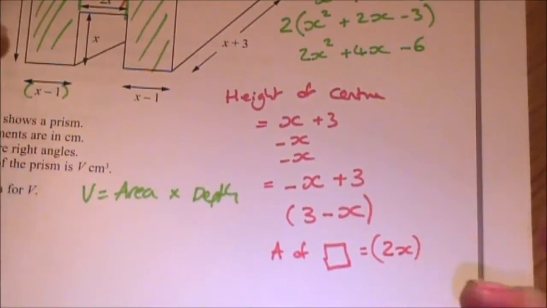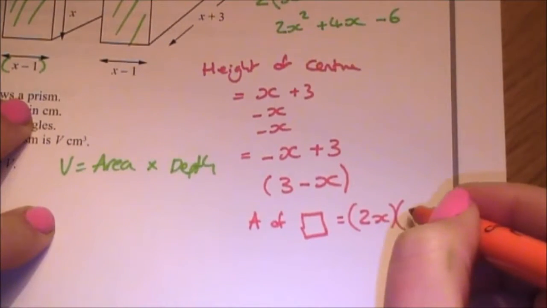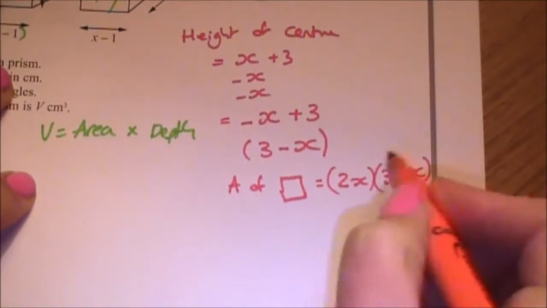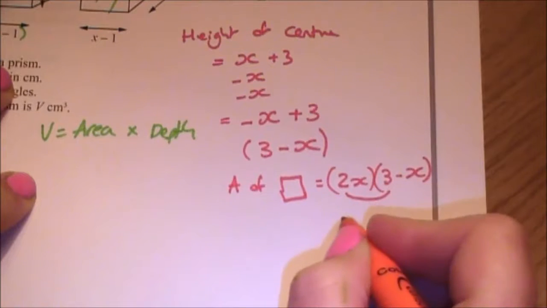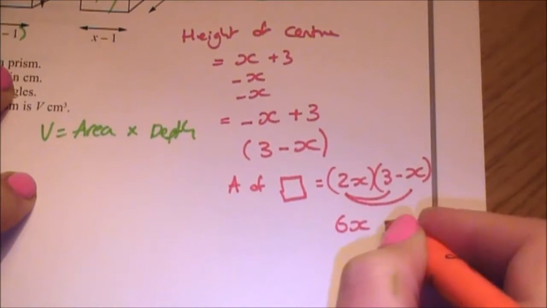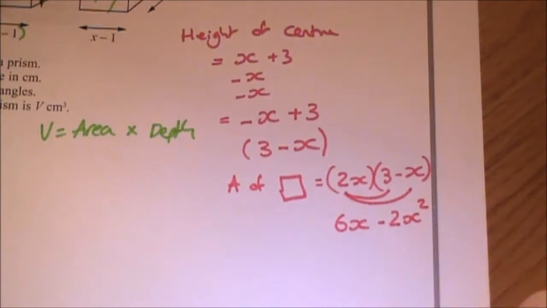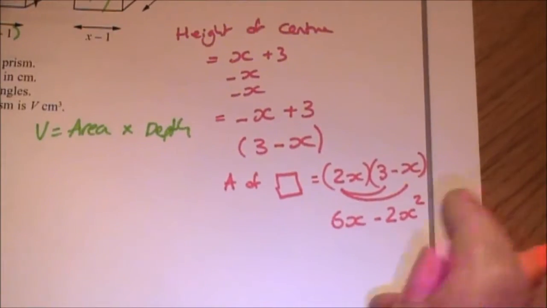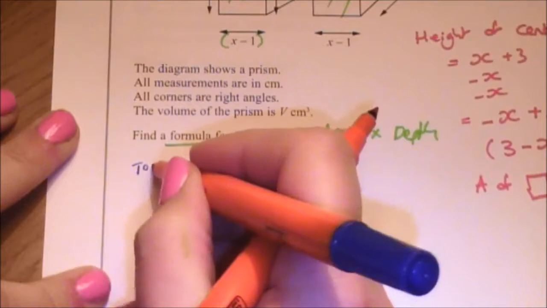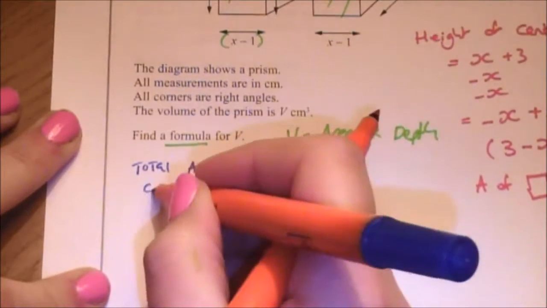If you want to group it up into a bracket, you can, but it doesn't really matter. 2x, and then I've got 3 minus x, so 2x times by 3 is 6x. 2x times by negative x is negative 2x squared. So now I'm going to do it over here. I'm going to find my total area of the cross section.